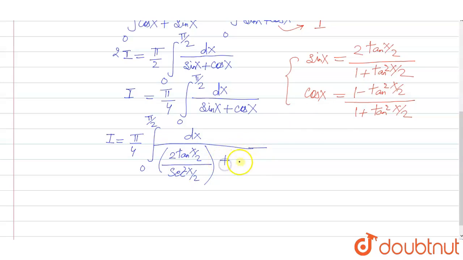Similarly, cos x is 1 minus tan square x by 2 divided by 1 plus tan square x by 2, which is again secant square x by 2.